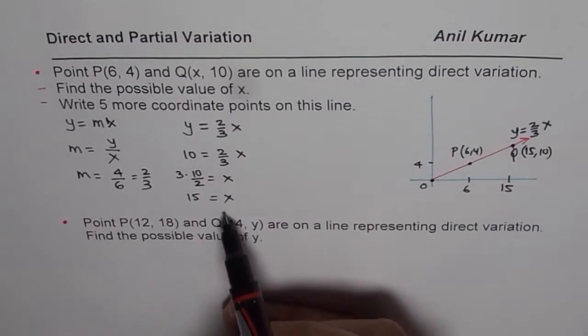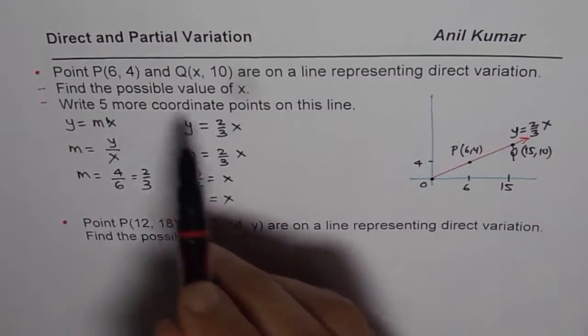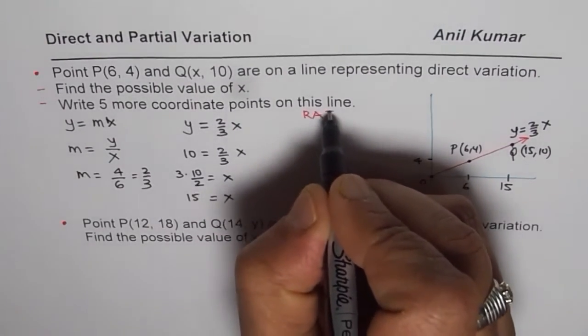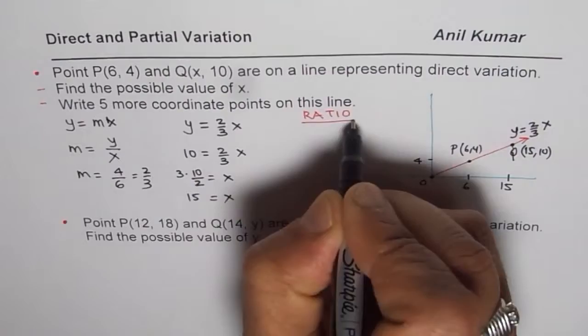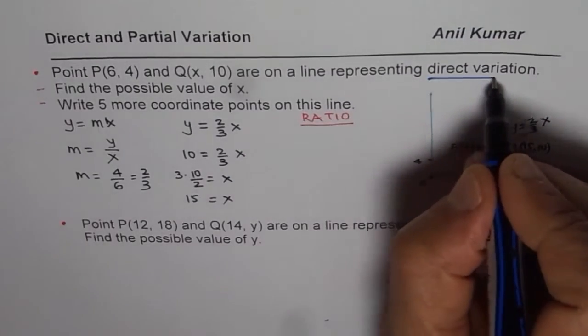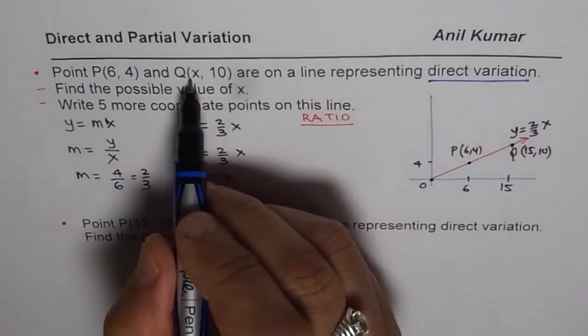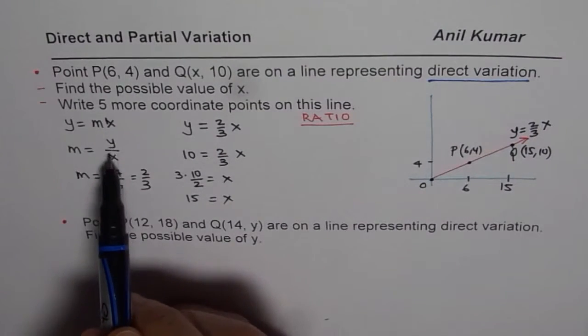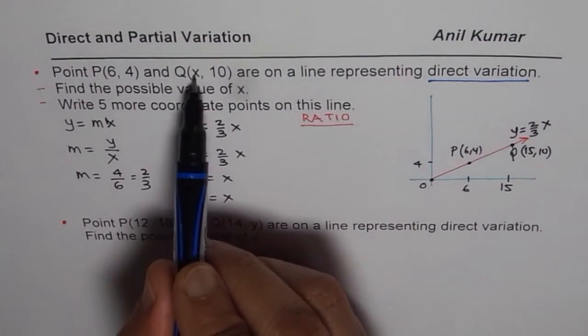Now we could have solved this using ratios also. Let me show you how to solve this using ratios. It is very simple. Whenever we talk about direct variations, the two points are in a fixed ratio. You can see m, which is y over x, is constant. So we need to find x.